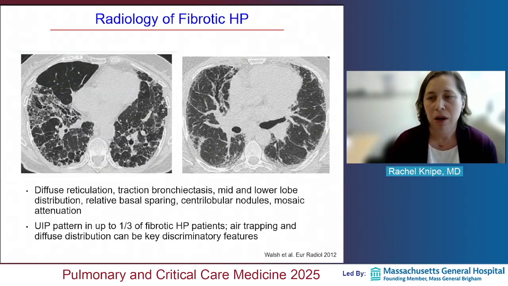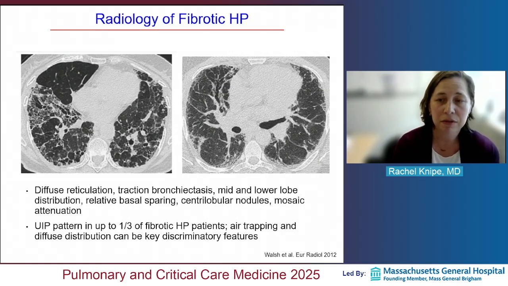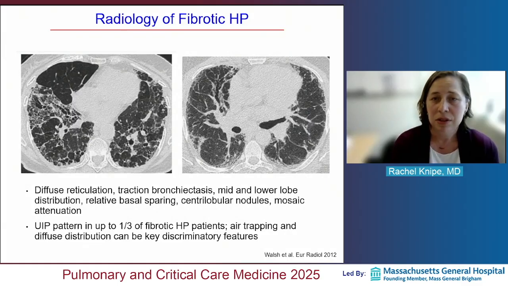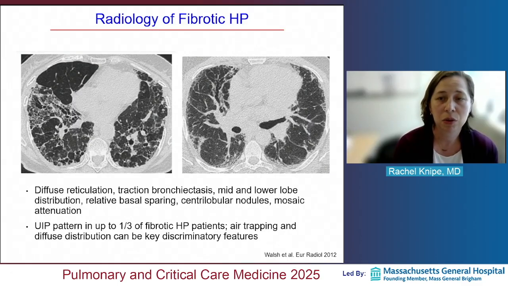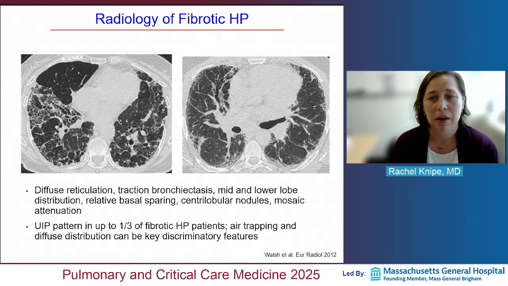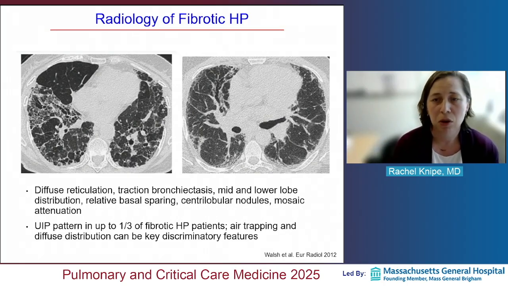Fibrotic HP differs from non-fibrotic HP in that there is more diffuse reticulation and traction bronchiectasis on imaging, findings consistent with fibrotic changes. Classically, fibrotic HP spares the bases, so classically it can be a difference between this and UIP or IPF. Classically it has a mid and lower lobe distribution, but up to 1/3 of the cases have been reported to have a UIP pattern.